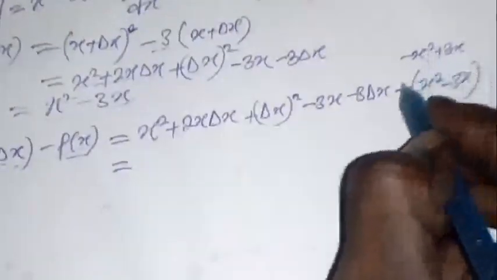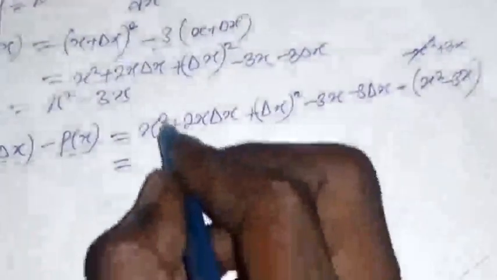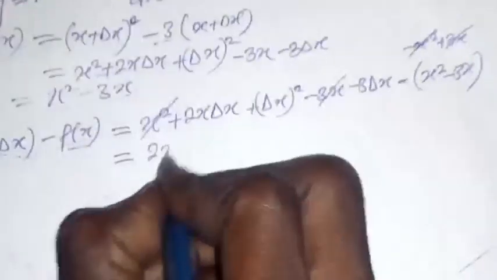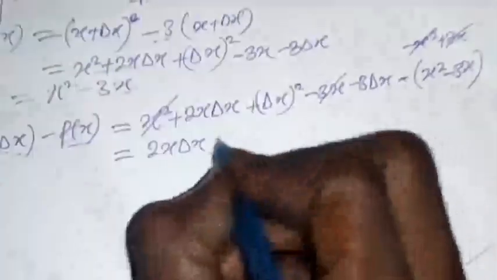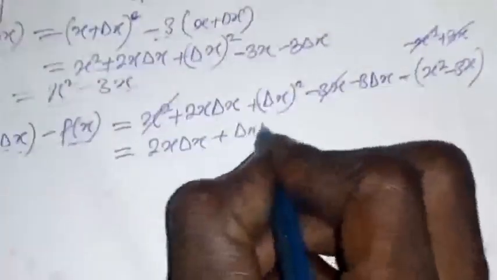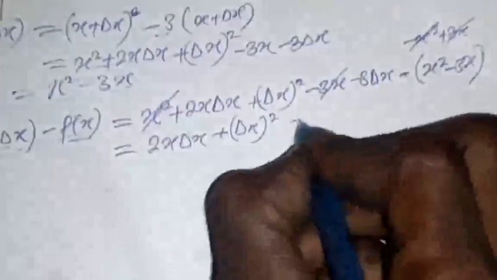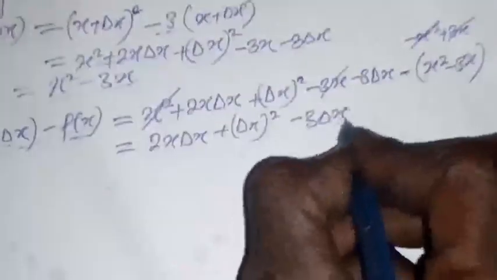Therefore, as you can see, this x squared goes with this, and this plus 3x goes with this. What is left here is 2x delta x plus delta x squared minus 3 delta x.